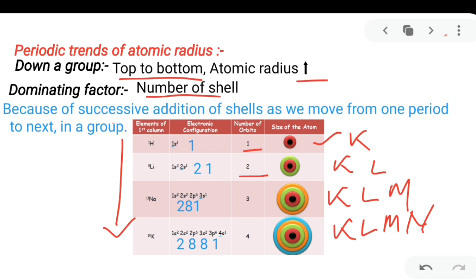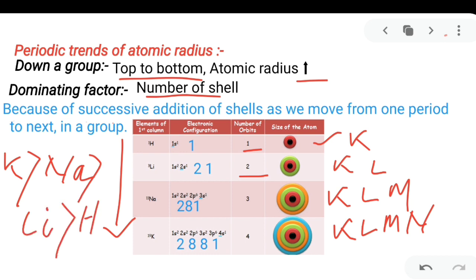When number of shells increases, the atomic size also increases. So, atomic size of potassium is greater than sodium, is greater than lithium, is greater than hydrogen. So, this is the trend the atomic radius follows down a group.